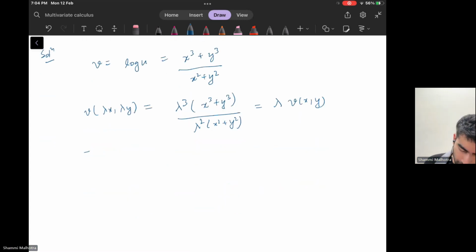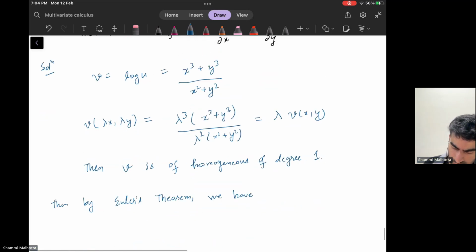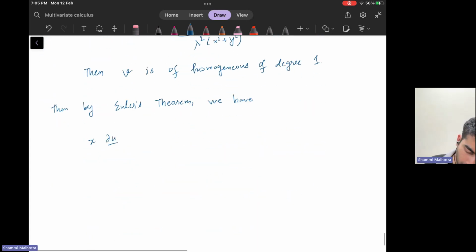So v is homogeneous of degree 1. Then by Euler's theorem, we have x times del v by del x plus y times del v by del y.